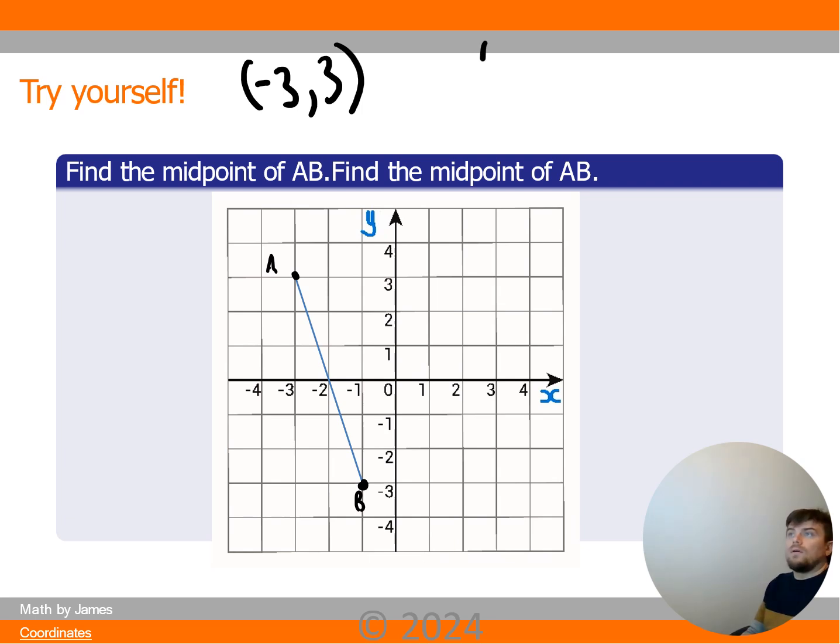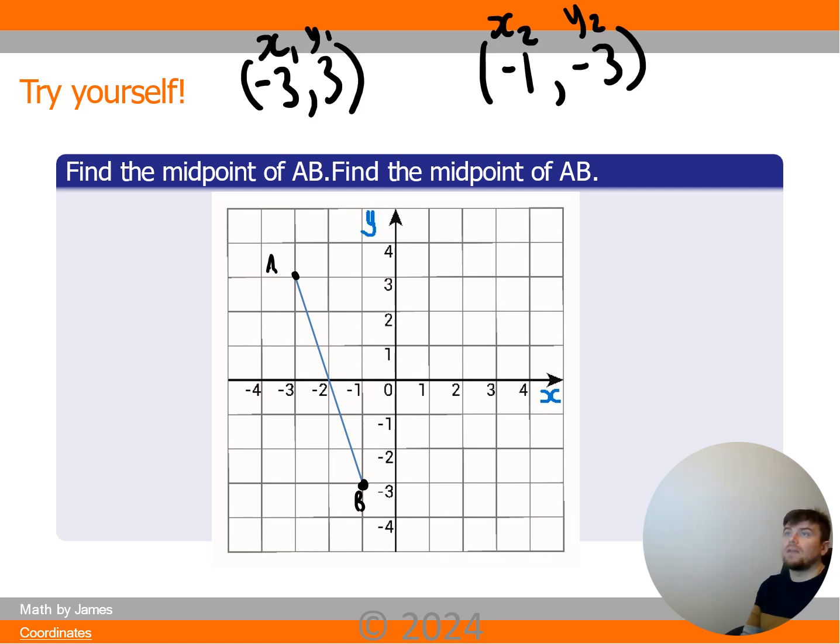Then here we've got -1 and -3. So we've got -1 and -3. What's critical here is we have the x coordinates and the y coordinates.